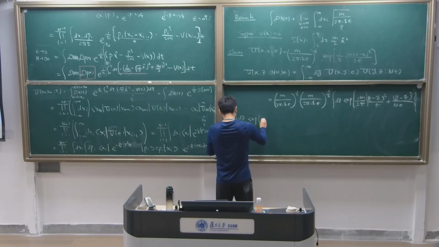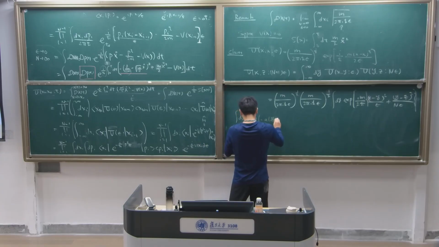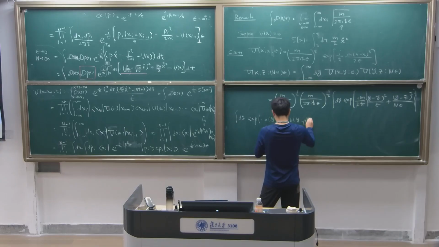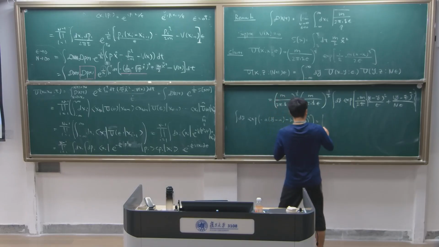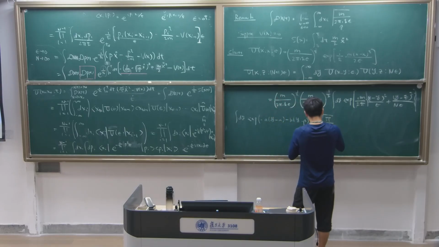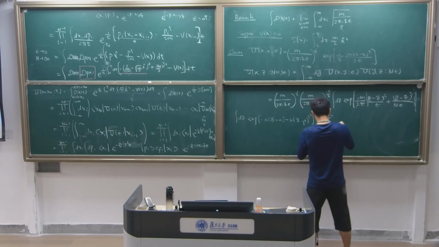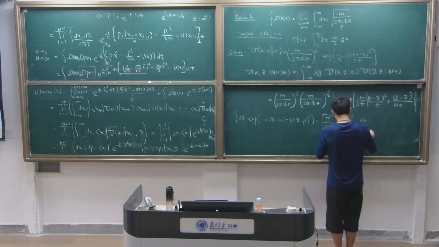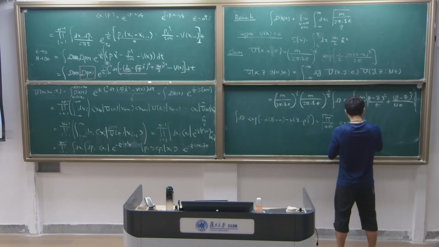The integral of exponential of minus a y squared minus alpha y minus beta is equal to a square root expression. This can be easily derived from the usual Gaussian integral, just by a shift or change of variable.